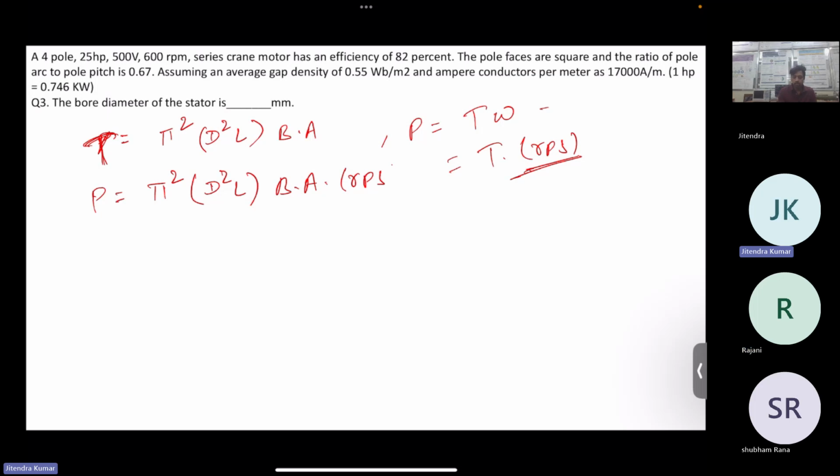Now power is given as 25 horsepower. This is equal to 25 into 0.0746 kilowatt, that will be 18.65 kilowatt.